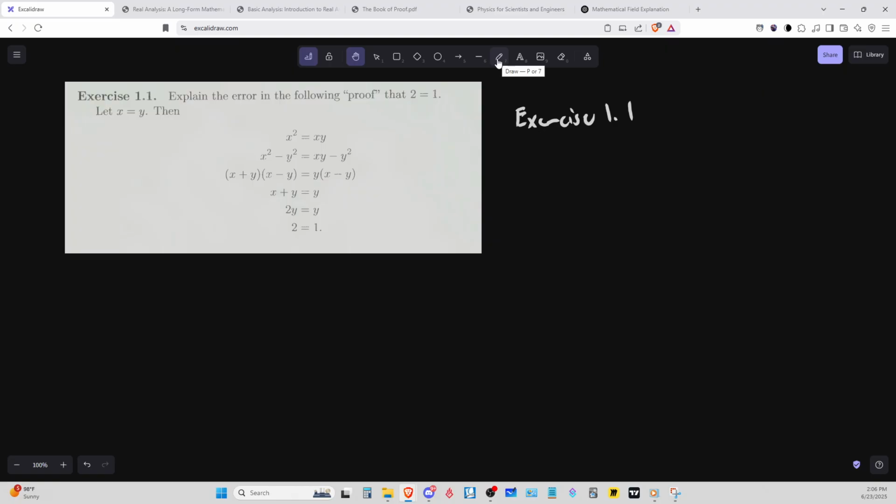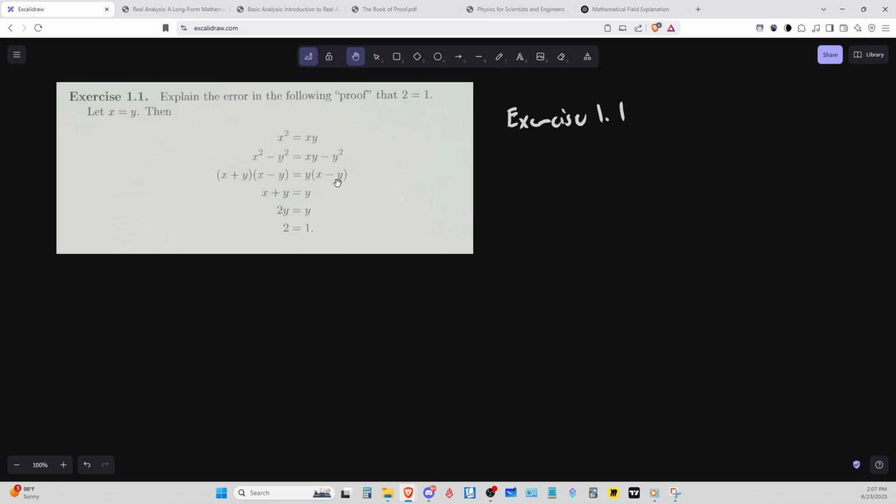The only thing I think I saw as the error in the proof is in this line here, line number 3. I think the logic doesn't make sense, because if x is equal to y, then it would be y minus y, and y minus y, so it would be 0 on both sides here, which doesn't lead up to this part.